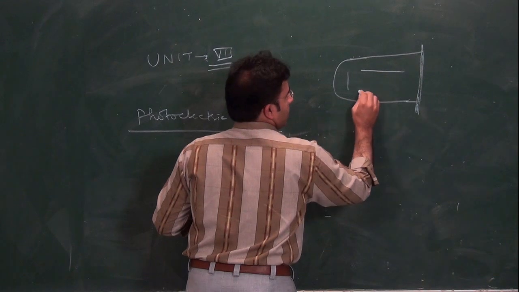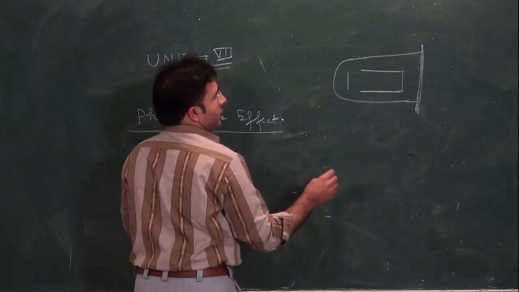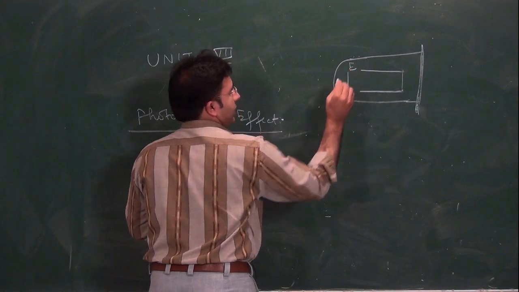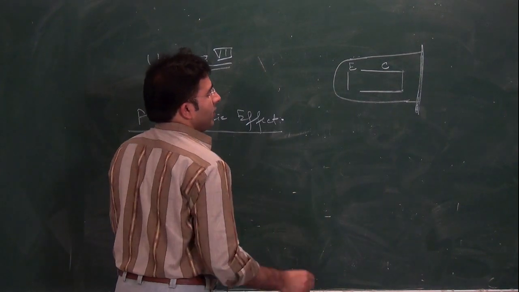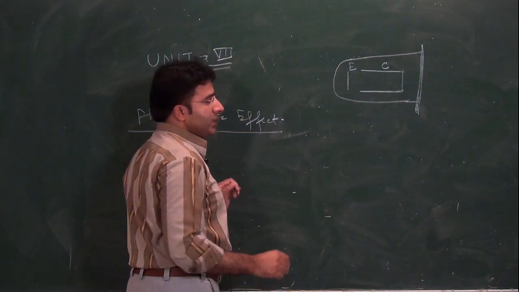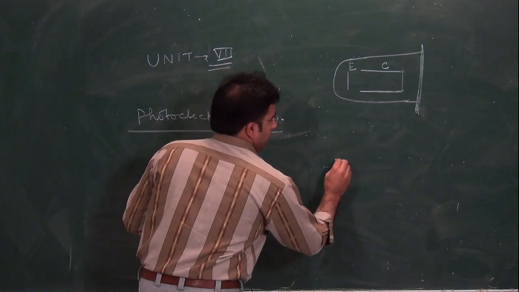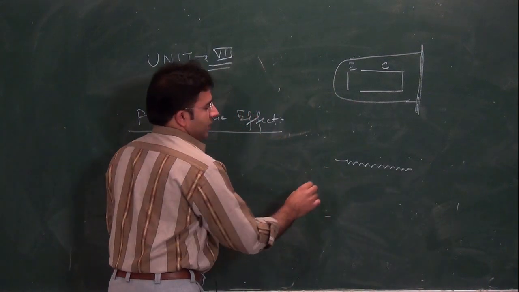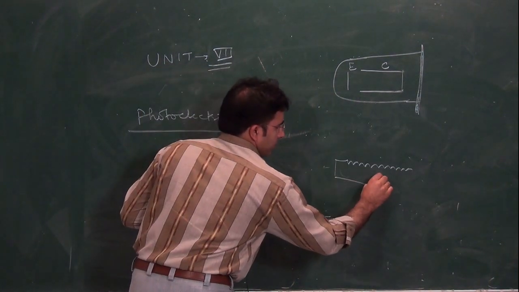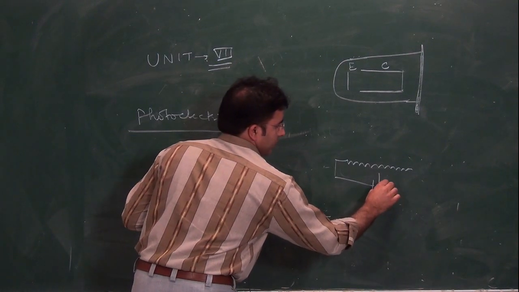There are two electrodes, one named emitter, E stands for emitter. The second electrode is called collector, C stands for collector. Then we externally apply voltage across the electrodes. So I will draw it first.